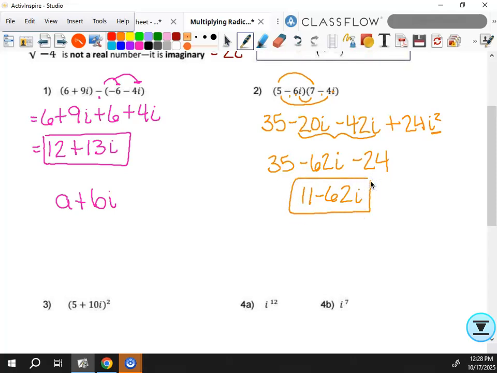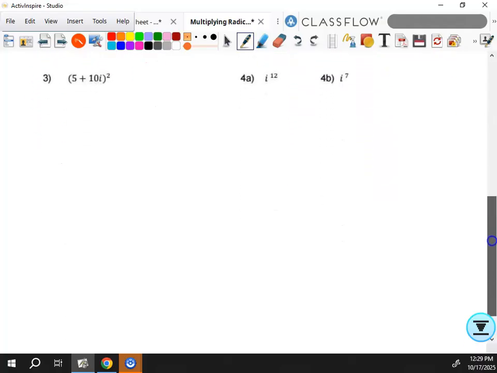Okay. Any questions about where negative 24 came from? No? We okay with that? Be careful with your i's. If you don't write this step, it's fine as long as you know what you're doing and where the i's and the negatives are coming from. Okay? All right, let's look at 3.